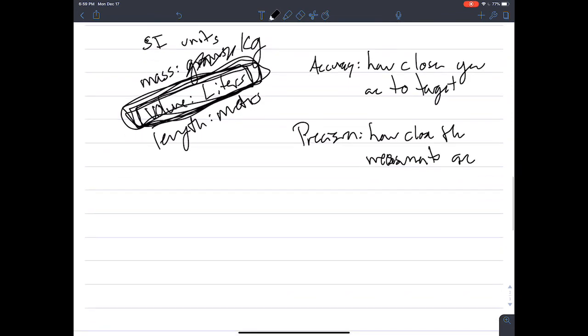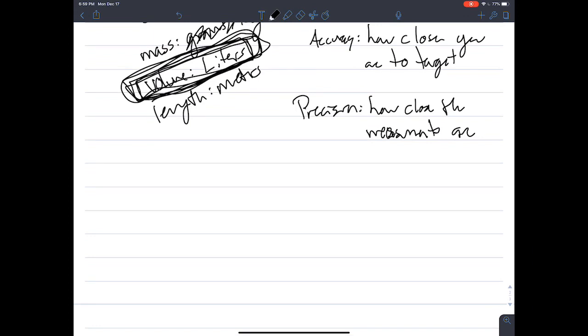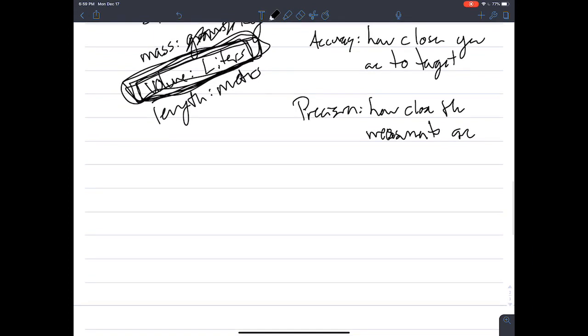So if I gave you a set of numbers and asked you what's the most precise, let's say one set was 1, 2, 3, one was 2.0, 3.0, 4.0, and then another one was 1, 1.5, and 2.